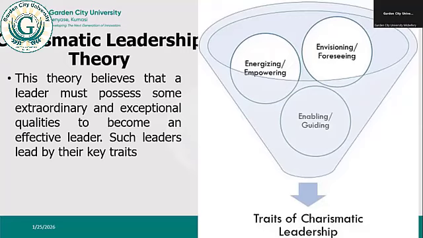But the important thing about them is that they are visionary. So they are able to articulate a clear and compelling future. So he has a vision, an ability to articulate clearly what he wants to achieve for that organization.